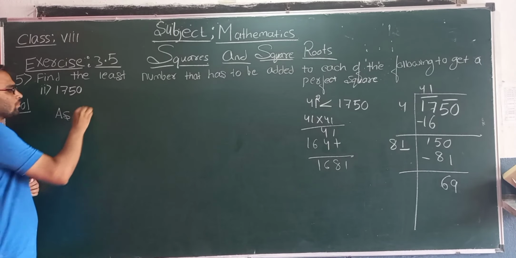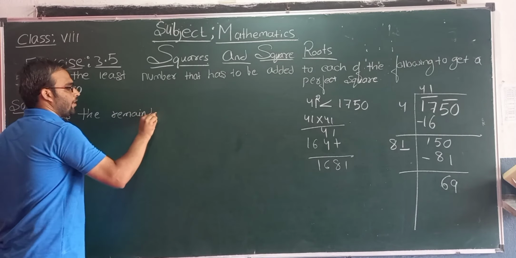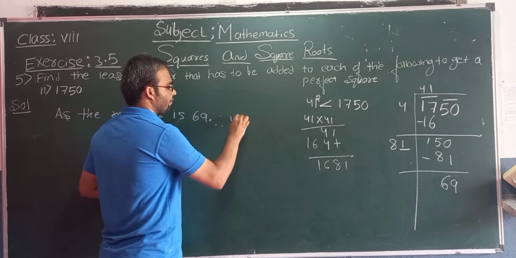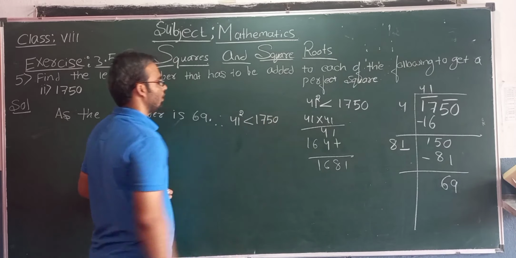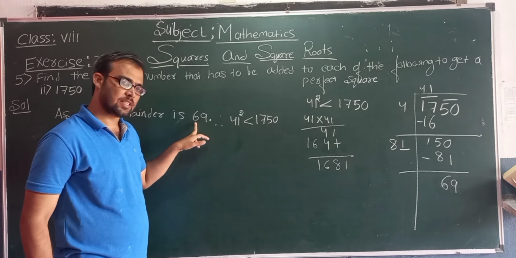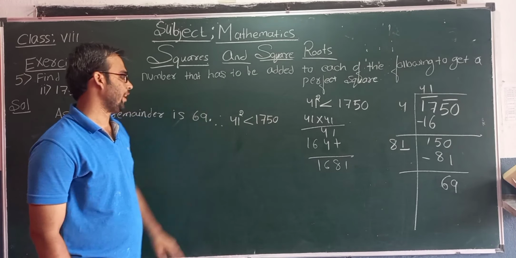As the remainder is 69, 41 square is lesser than 1750. So it means what? 41, as we have got the remainder as 69, so 41 square is lesser than 1750.